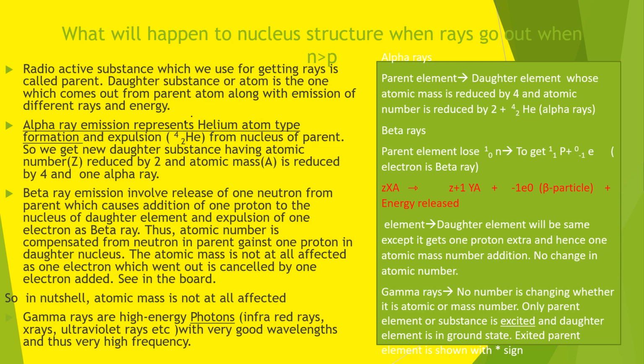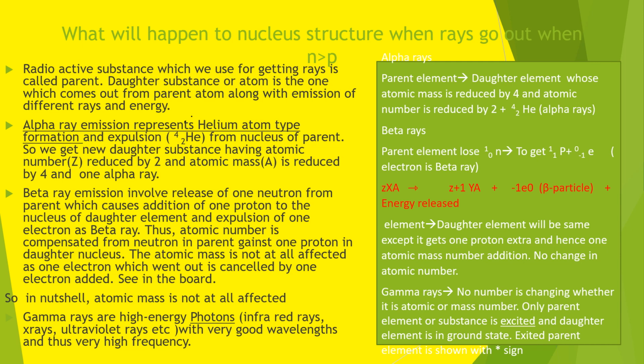Alpha ray emission represents helium. So when the parent element gives out an alpha ray, the daughter element's atomic mass is reduced by 4 and atomic number is reduced by 2, and one alpha ray is released.